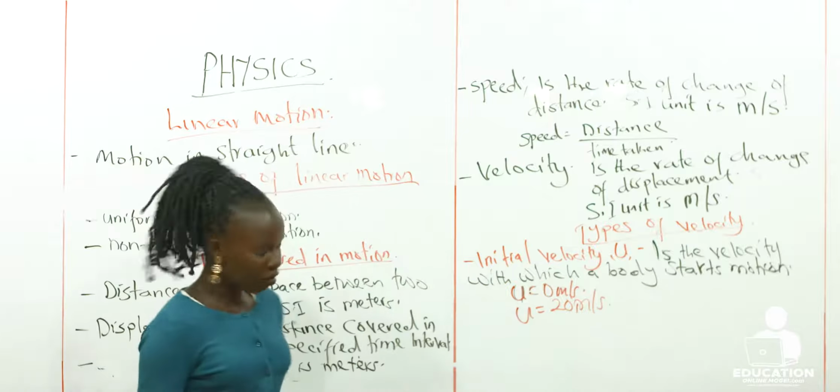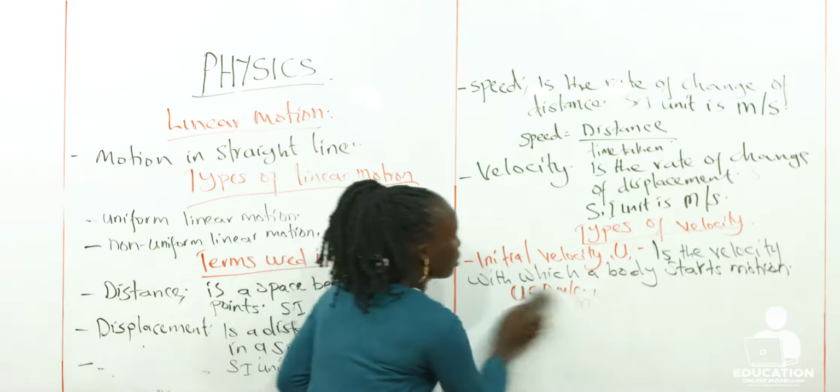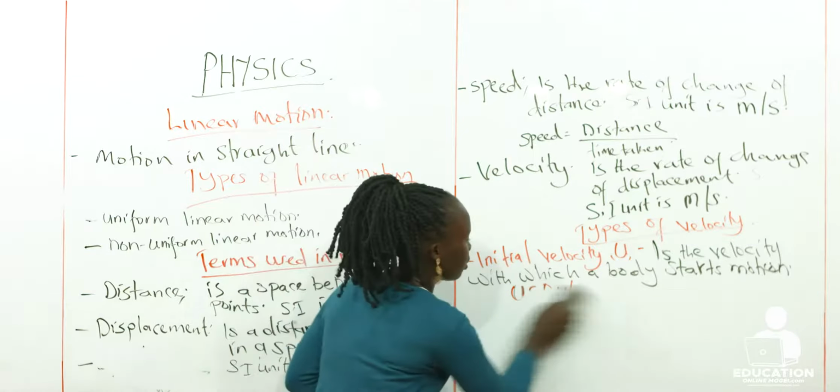So we have another one here: the final velocity. What is this final velocity? It is mostly given the letter v. So how would you get this final velocity?